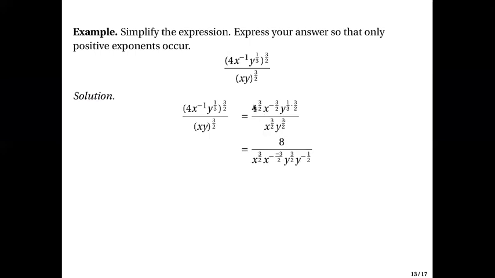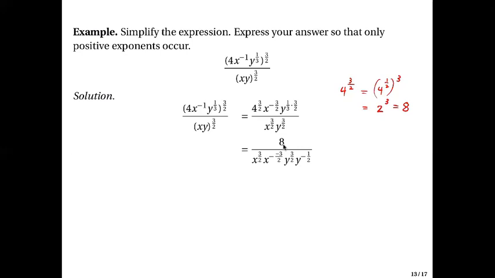If you look at 4 raised to 3 halves, this is equal to 4 raised to 1 half, raised to 3. But 4 raised to 1 half is just 2, and you raise it to 3, that's equal to 8. That's why you see the 8 in here.